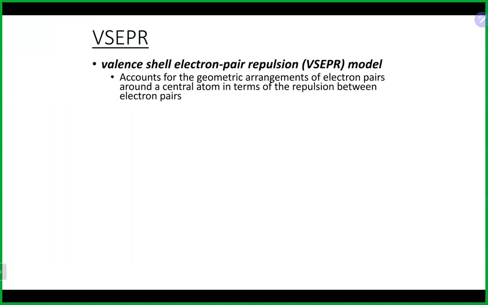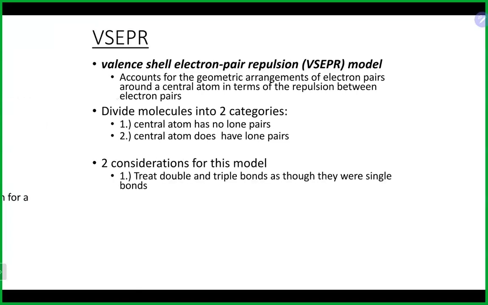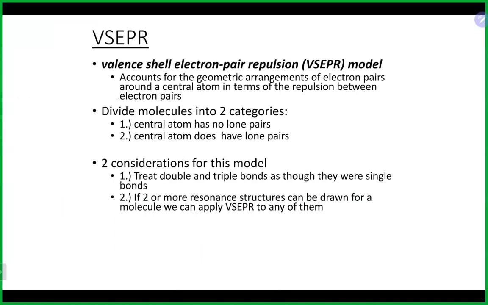So let's talk a little bit about how we do this. This is VSEPR, which stands for Valence Shell Electron Pair Repulsion Model, which is why the abbreviation is there. We will break up molecules into two types. One where the central atom has no lone pairs, so you draw the Lewis structure and there are no dots on the central atom.